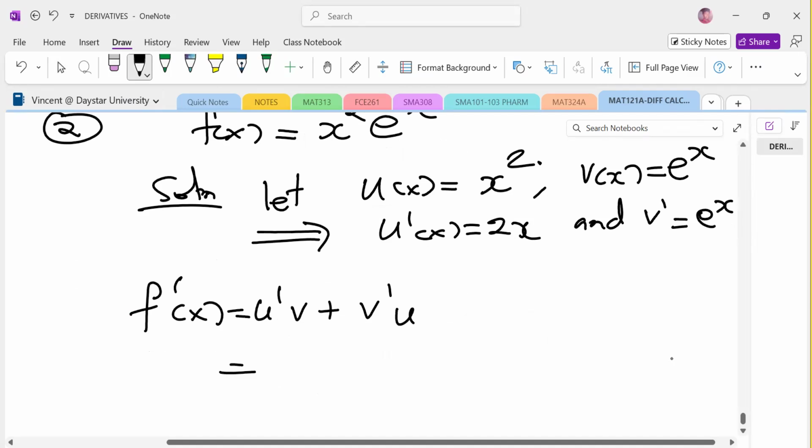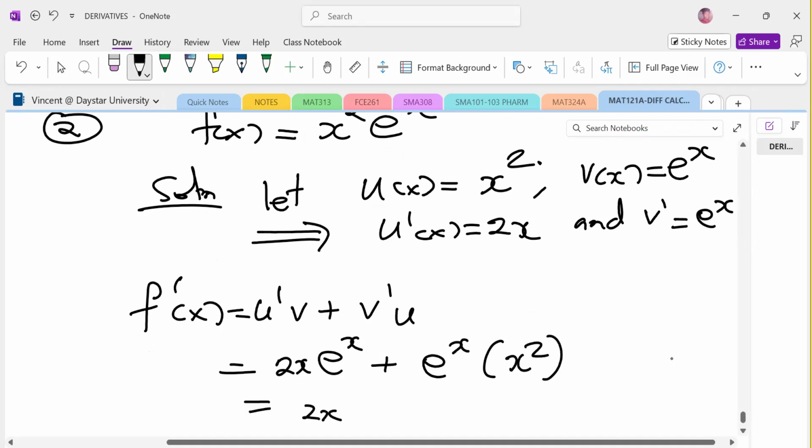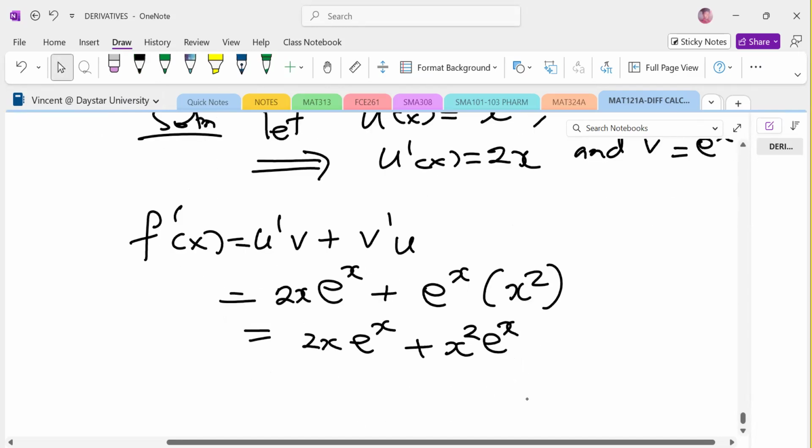So u prime is 2x, v is e power x, v prime is e power x, u is x squared. So this will give you 2x e power x plus x squared e power x. If you like, you can factor out e power x, and then have 2x plus x squared, then e power x.